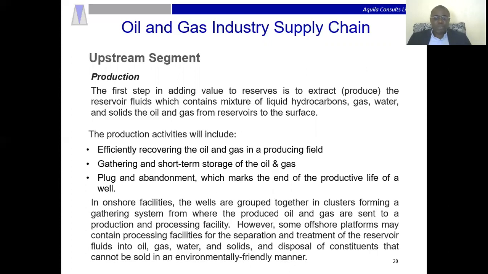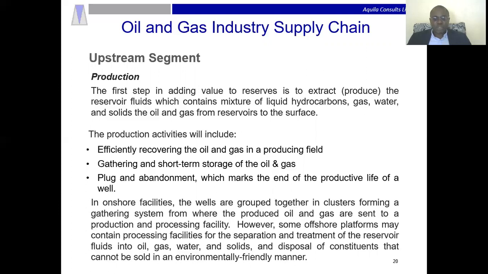The ways you produce onshore and offshore are a bit different. Onshore, if you have several wells, you can group them together in clusters, gather the different produced fluids, and pipe them to the processing facility.